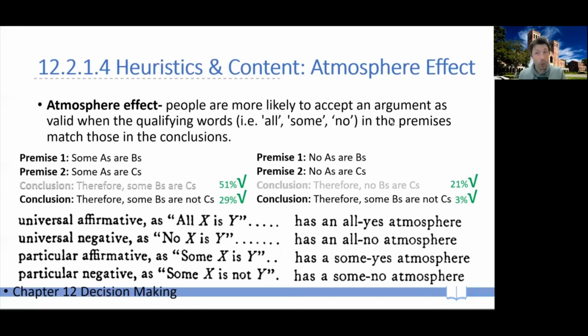Meaning, if the conclusion also has some in it, they'll be tempted to think that it's a valid deduction, even if it is not. Similarly, if at least one of the two premises has a negative in it, has a no in it, then people will be more likely to accept as valid an invalid argument that also has a negation, also a no, in the conclusion. So this is the atmosphere heuristic.